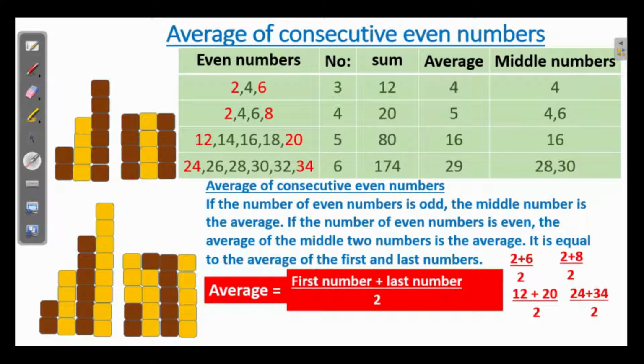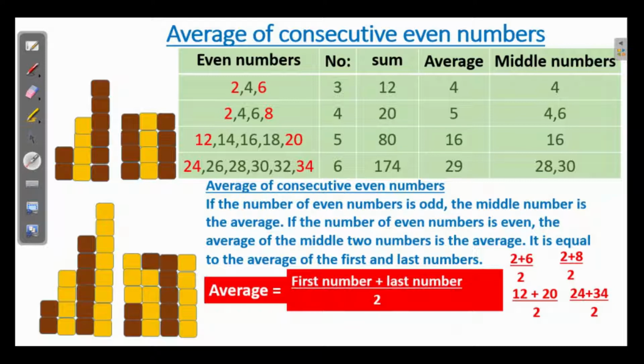Here also, taking 3 from here and putting it here, 2 plus 3, 5. Here also 5, and 5 is the average of all these 4 numbers.